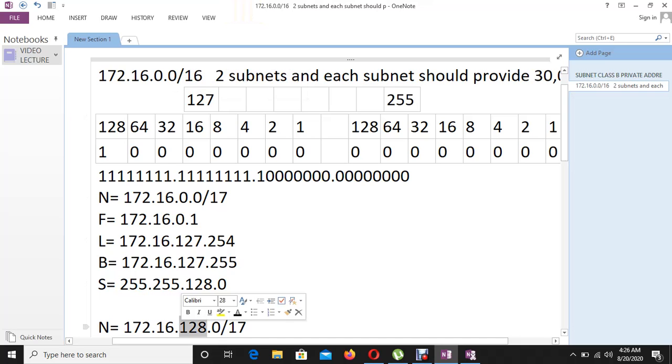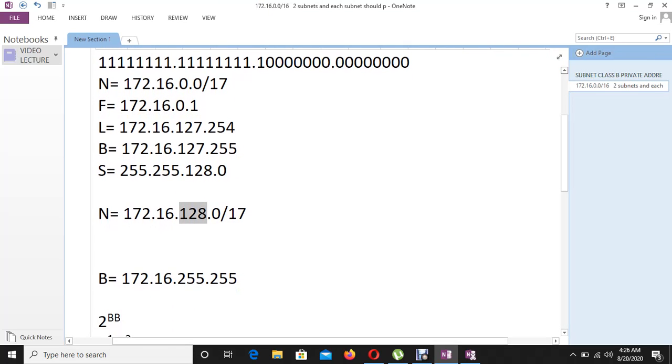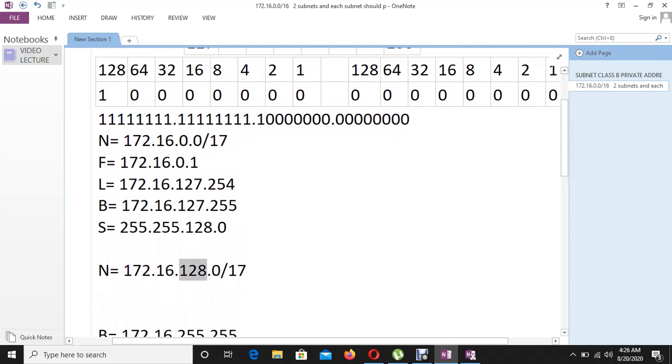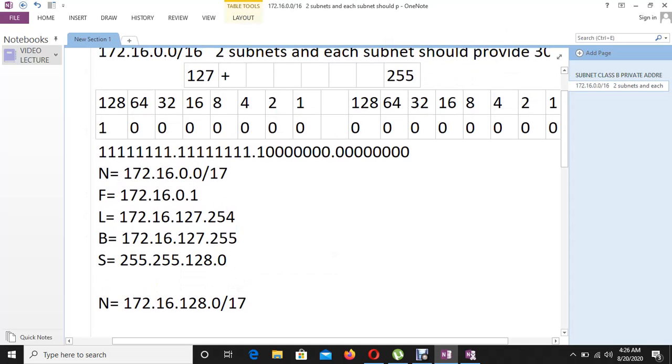You can see that 127 plus 128 gives you 255, and then that 255 that is already there, we add this 255 to this 0, and then it gives us exactly that. So we can say 127 plus 128 equals 255. So this is exactly what we're looking for.